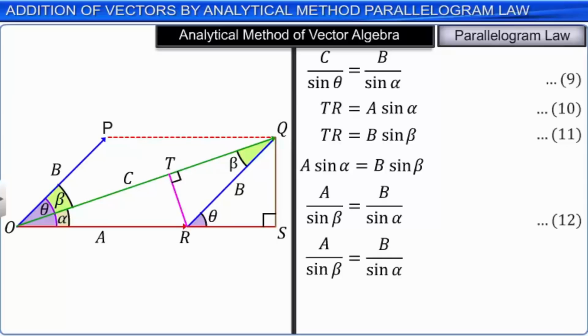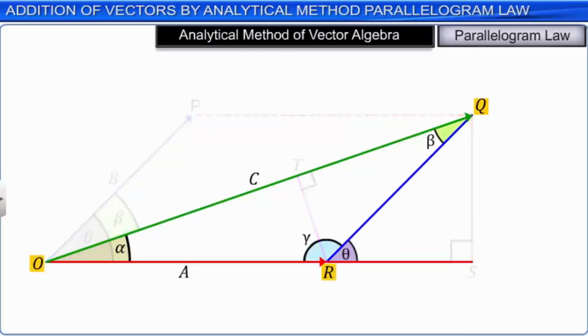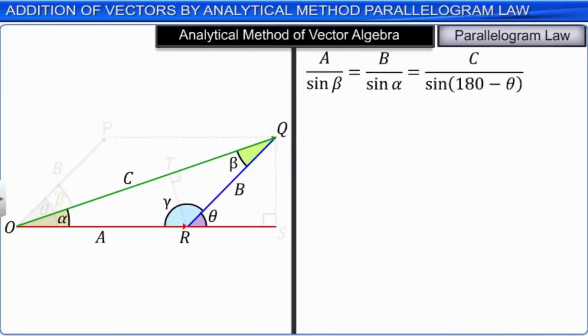Now, consider triangle OQR. Here, A by sine beta is equal to B by sine alpha is equal to C by sine 180 minus theta. A by sine beta is equal to B by sine alpha is equal to C by sine gamma. Let this be equation 14. This equation is known as the law of sines.